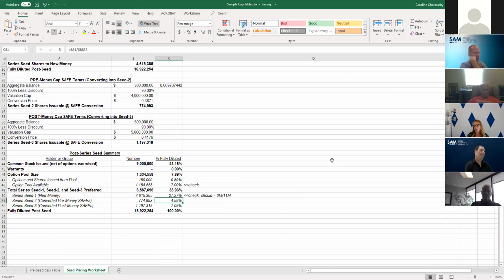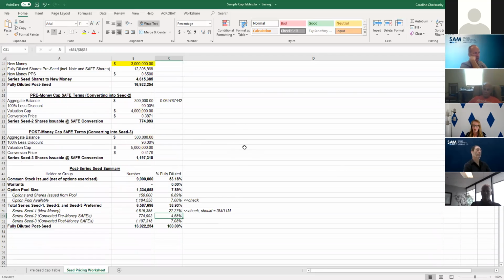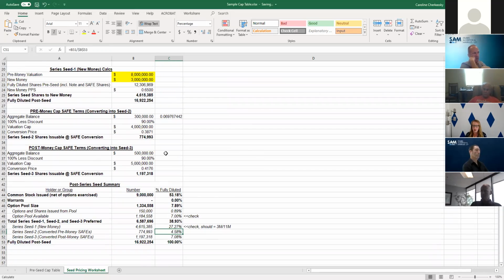Yeah, because pre-money safes, by the way, are diluted not only by the new money, but also by the post-money safes. Whereas post-money safes are only diluted by the new money, because post-money safes by their terms pull in all the shares being issued to any convertible instrument. And that's the reason this came about: investors saw companies put 500K or a million into a safe, thinking that was a bridge to a seed or an A, but instead found out two years later, or over time, as the company kept issuing two or three additional rounds of safes at higher and higher valuations.